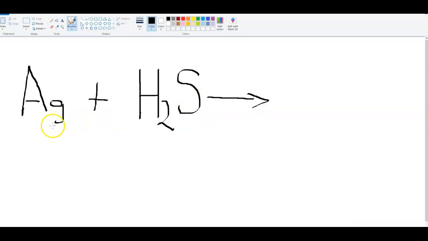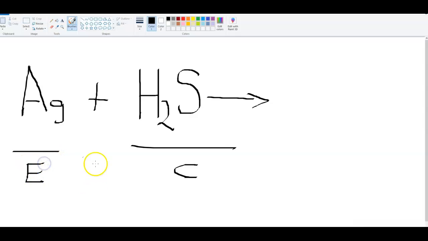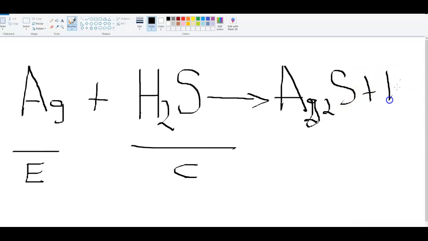So this silver will react with this and replace hydrogen in this compound. This is a compound and this is an element. Remember, an element and a compound, when they react together, give a single replacement reaction. So in this case, you're going to have Ag2S plus hydrogen gas. So that's what's going on here.